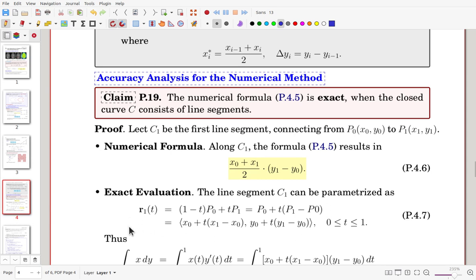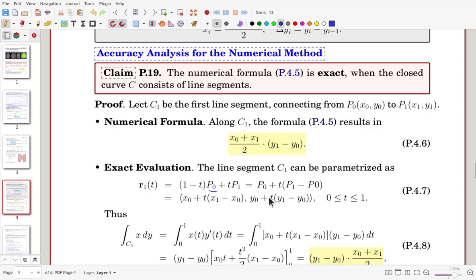r sub 1 of t, the parameterization can be made in this way: 1 minus t times the initial point plus t times the terminal point. We can rewrite it in this way, and component-wise we can write it in this way. Of course, t is between 0 and 1.